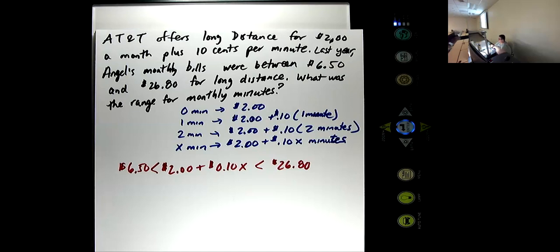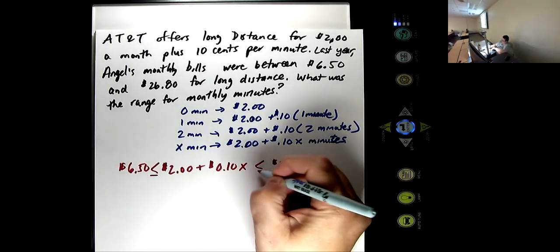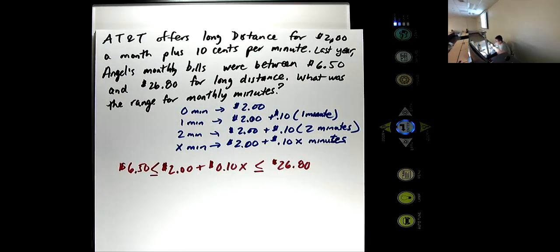Now, there's a couple ways of going about doing this. Actually, these should be less than or equal to because it actually includes those numbers. So we can get rid of decimals if we want.